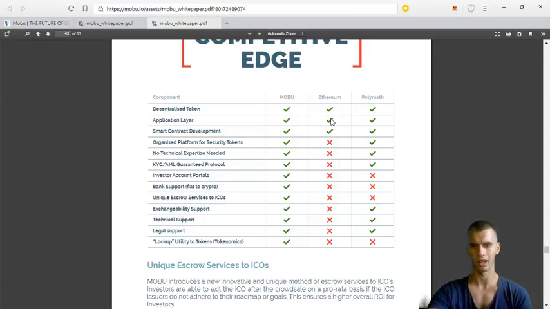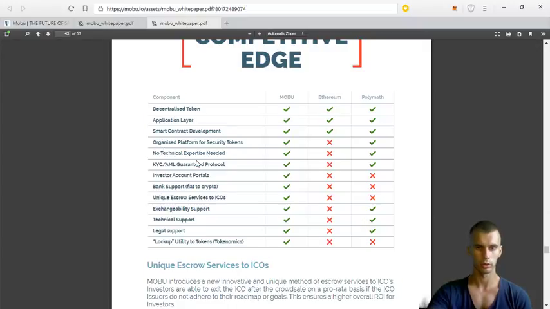Also in this table they have Ethereum, which is the overall blockchain on which you're going to be launching the tokens, so I'm not sure why they have it here, whatever. So let's quickly go through the table. Decentralized token, application layer, smart contract development. Mobu is going to develop their own smart contract standard for launching these. I do hope that it's going to be bug-free and there won't be some trouble in that.